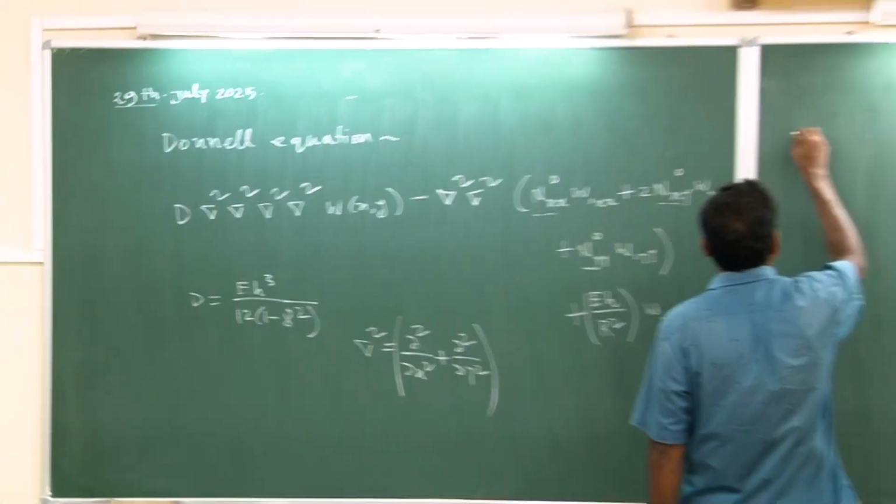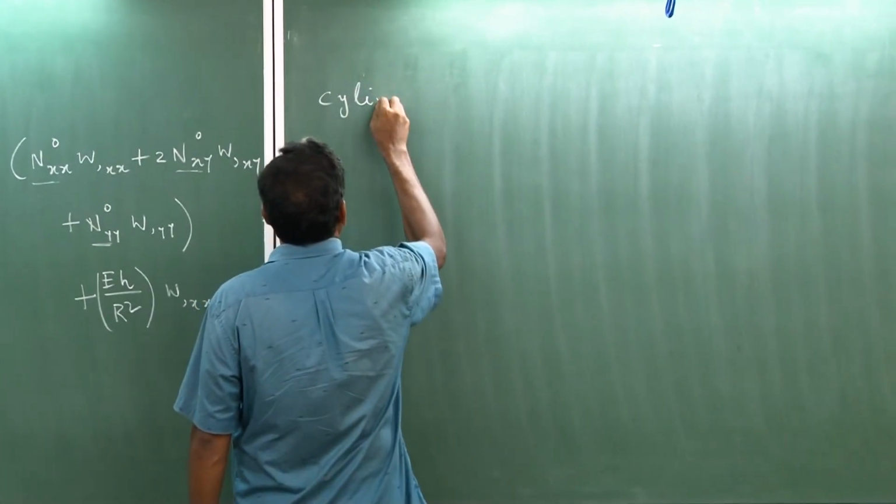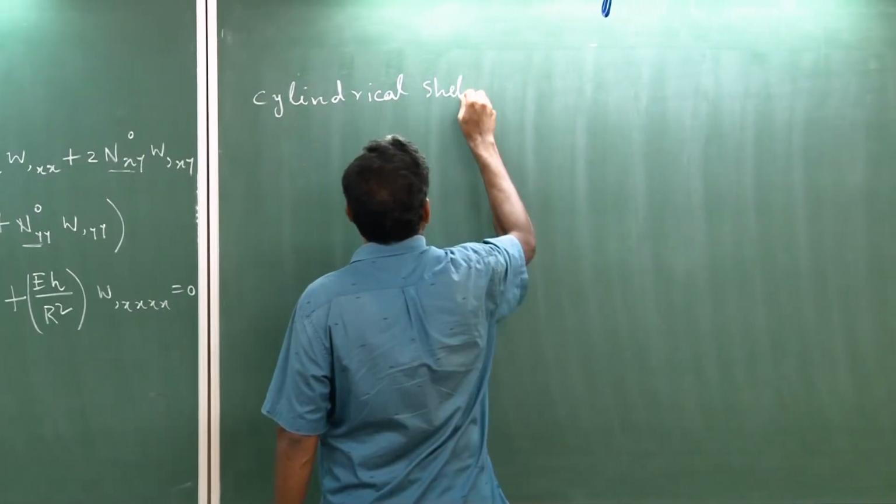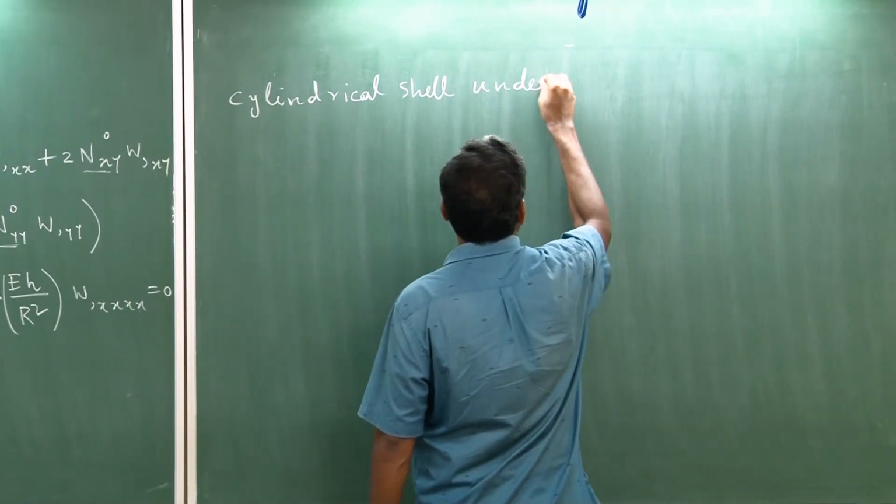The first one is a cylindrical shell under axial compression.